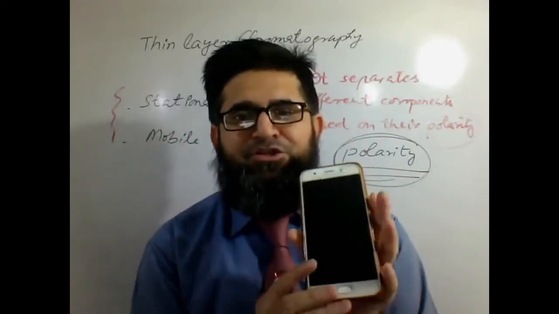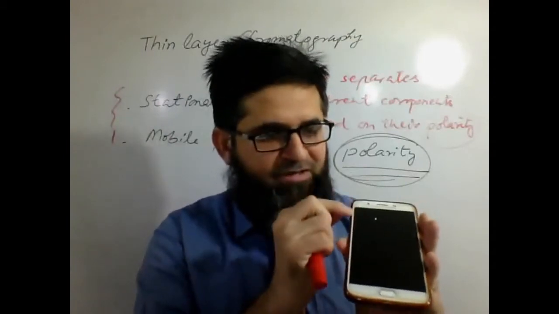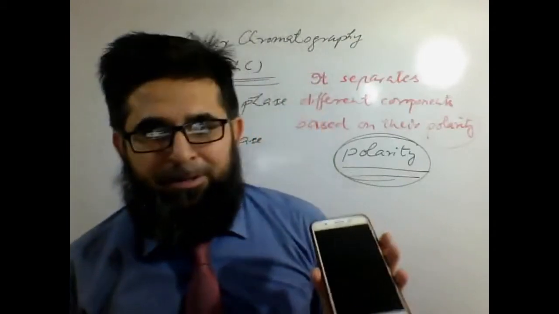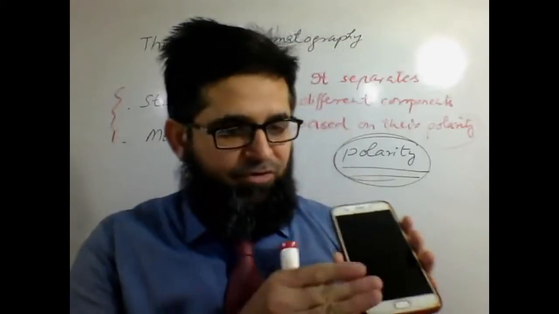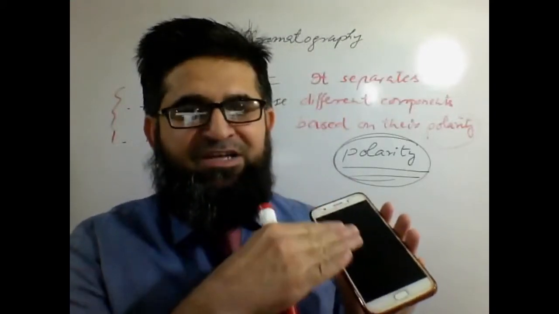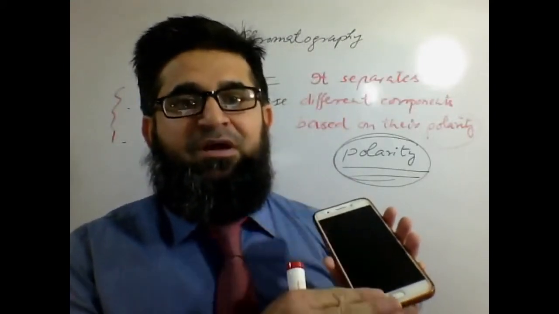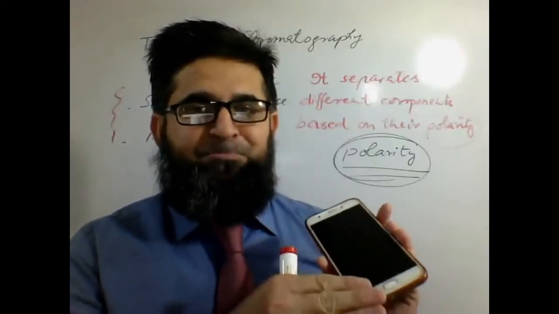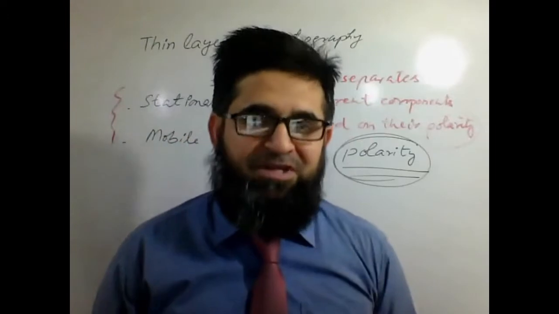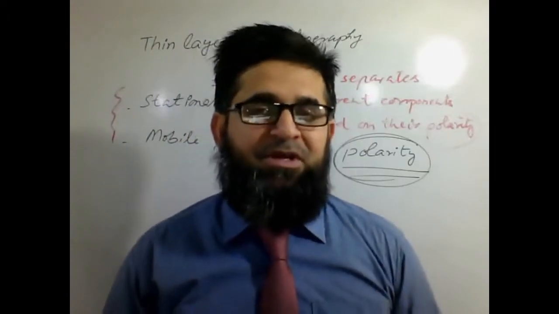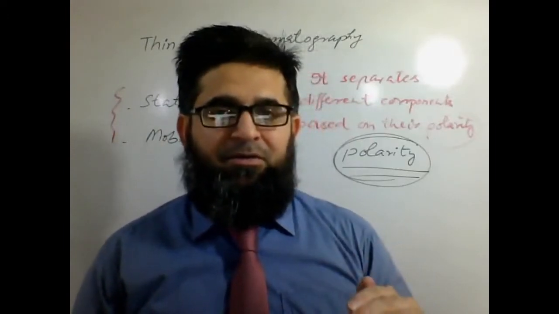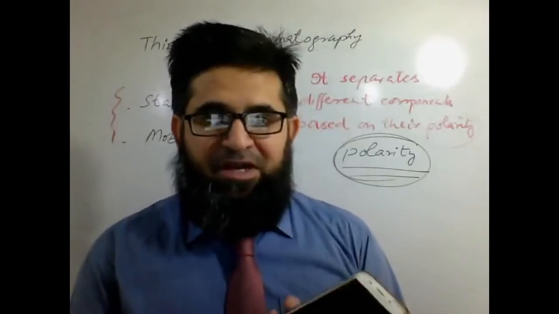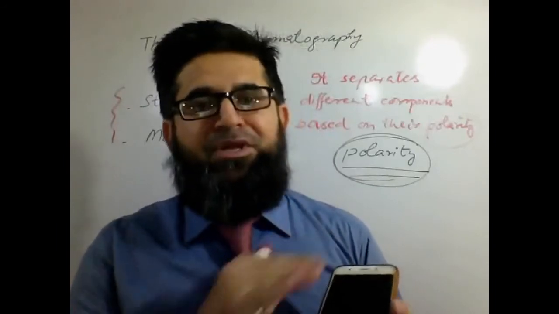The thin layer is like those very thin aluminium foils, and over those aluminium foils silica gel is coated. Silica is coated to make a TLC plate. The TLC plates are a thin layer of silica coated on aluminium foil.